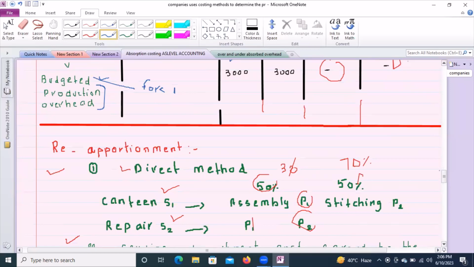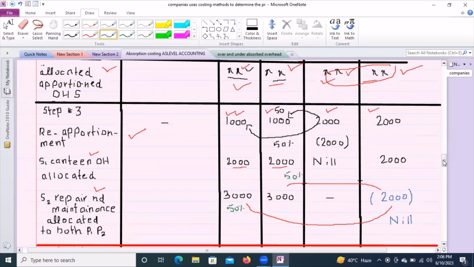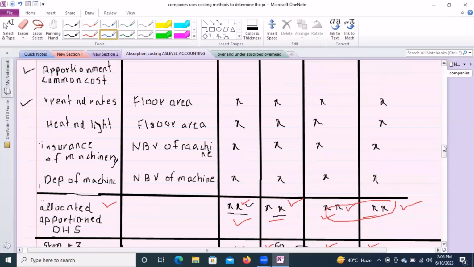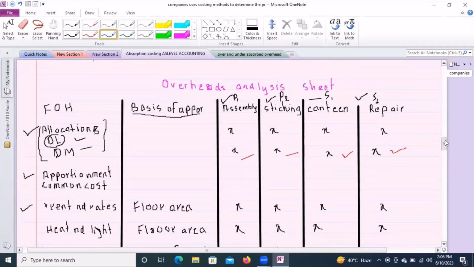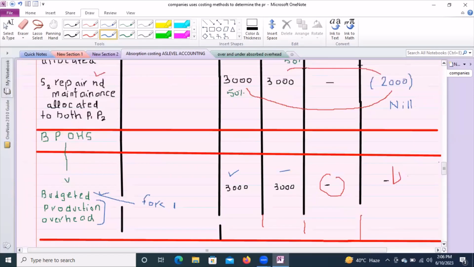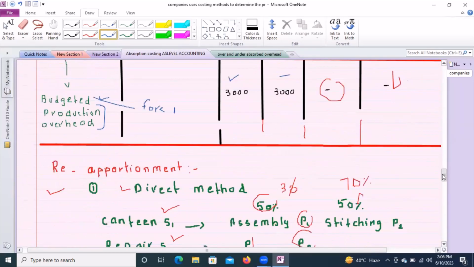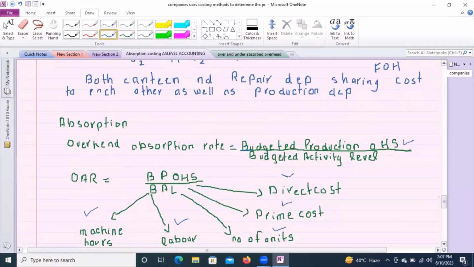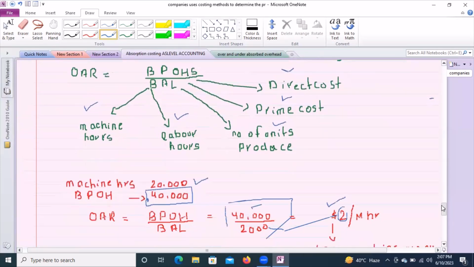These are all the overheads, which may be related to rent and rates, heat and light, and direct labor and direct material. These are all basically forecasted amounts. And of course, when we are going to calculate our overhead absorption rate, the budgeted activity level, which may be given by the examiner in your exam, will also be a forecasted amount.